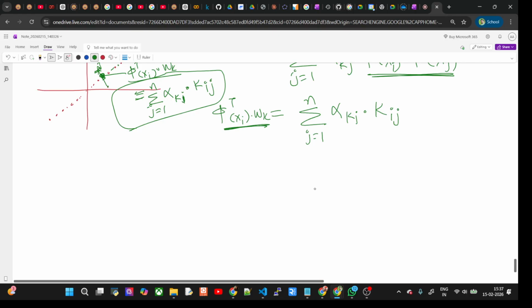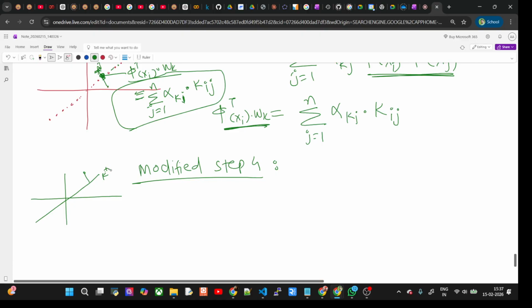If I just say this modified step, we have now modified step number 4. The same thing I just showed you: the projection of xi onto the kth principal component. Whatever you need to do is project this point onto the kth principal component.